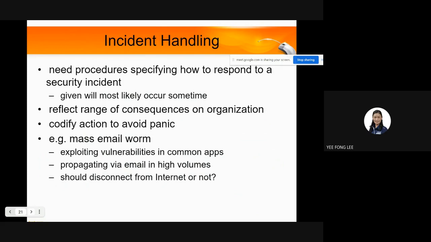It depends: sometimes an incident may cause less impact to the organization, but sometimes it could be very serious, with potentially serious consequences for the organization, and the company might need to find out what suitable actions to take.